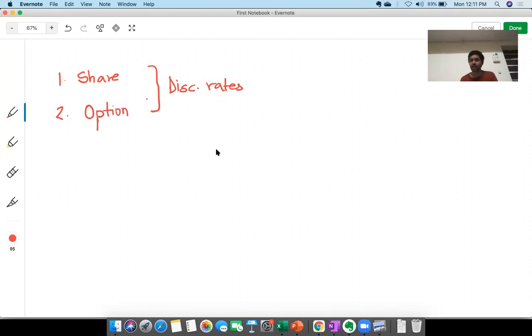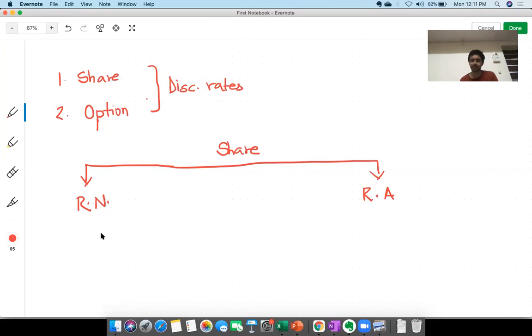an option. Okay, now if I actually write down share, we know that there are two types of investors. I'm not talking about risk lovers over here. Let's talk about risk neutral and risk averse. Okay, there could be a risk-neutral investor. The other, there could be a risk-averse investor. A risk-neutral investor, his required rate of return when he is buying a share is nothing but the risk-free rate of return.